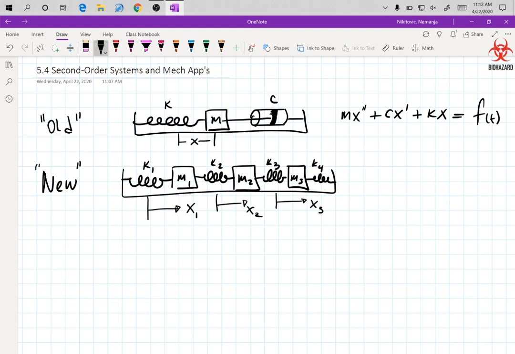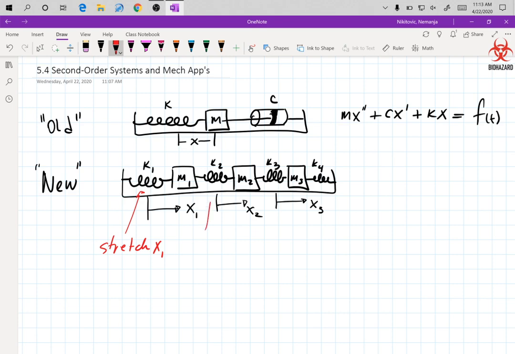So each one of these x's is how far the spring is stretched. This spring's stretch is just x1, right?